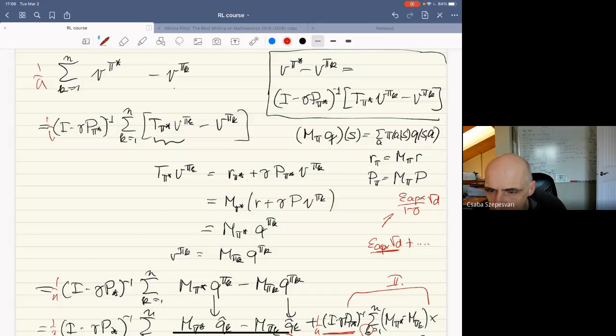Fatima asked, is the policy induced by Politex the average policy over all iterations, 1/n of the sum of pi? In a way, yes. It's like you randomly choose one. I guess you could work a little bit harder and then show that even for the last policy that Politex produces, you get the same guarantees, essentially.